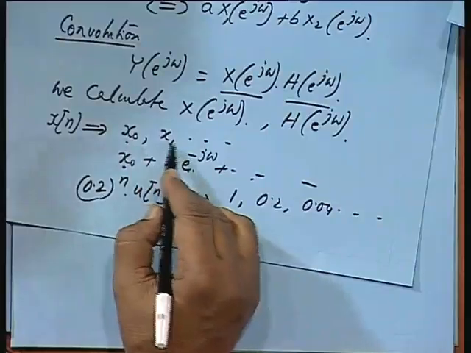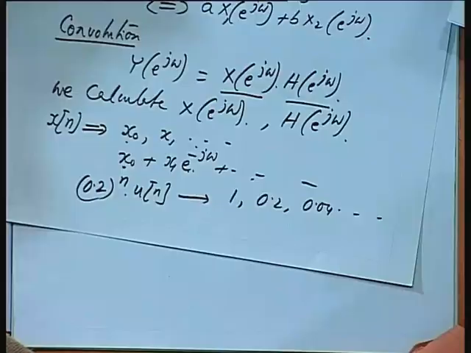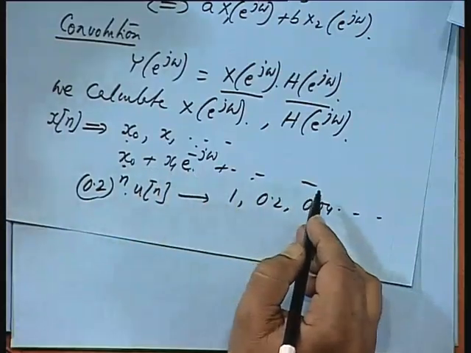Now, what is the frequency transform of this sequence x0, x1, x2? What is the frequency transform? x0 plus x1, and this we saw earlier, this is a periodic function of period 2π, is it not? We discussed earlier, this is having a periodicity of 2π.